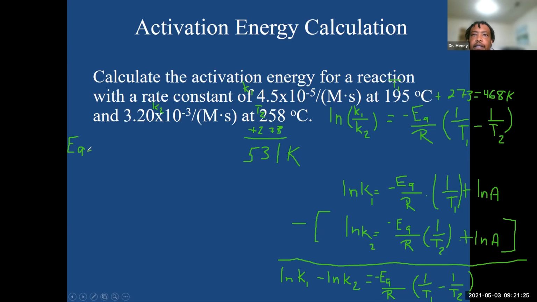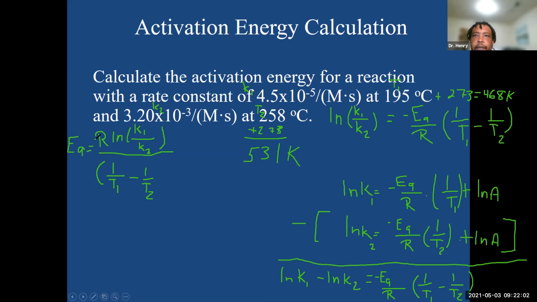EA equals ln K1 over K2, divided by R times one over T1 minus 1 over T2.